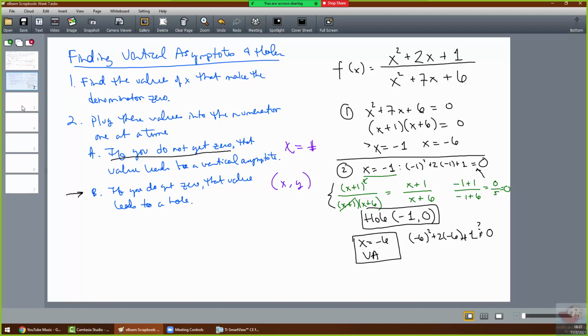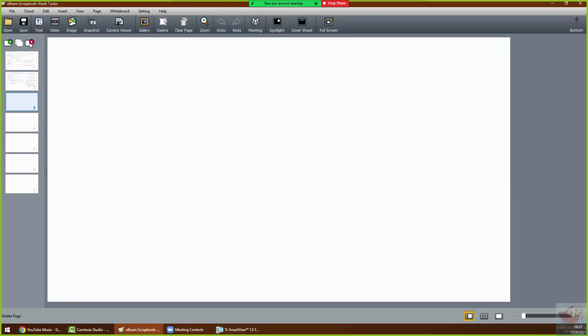They are accompanied by horizontal asymptotes, and their counterpart is oblique asymptotes. So let's talk about horizontal and oblique asymptotes.